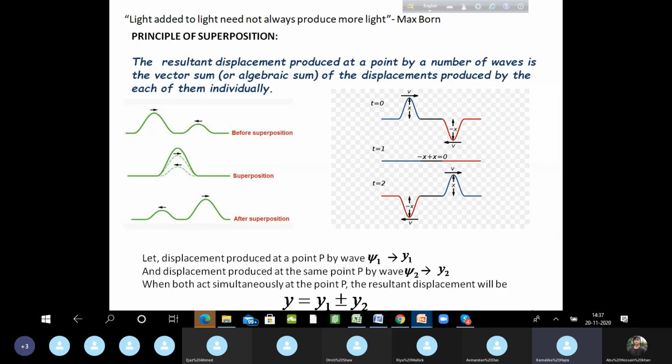Okay, the sign will matter. And remember, this is applicable only when they superpose. That is, only when the two waves are crossing each other at a particular point simultaneously. Otherwise, they do not have any effect on one another. Understanding this is very important.